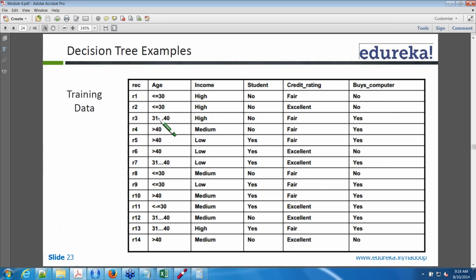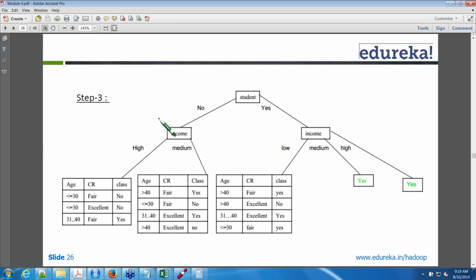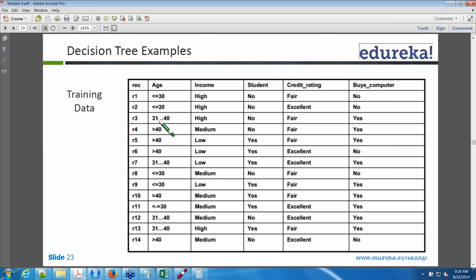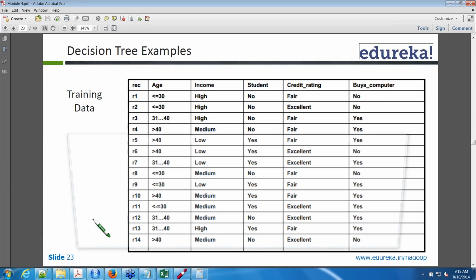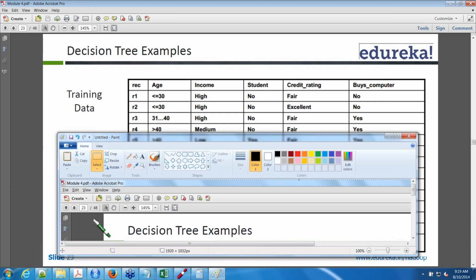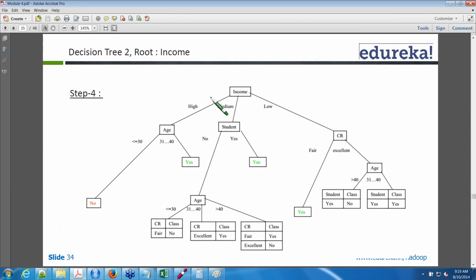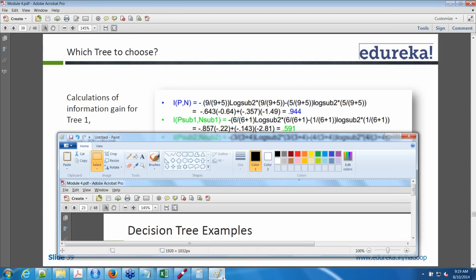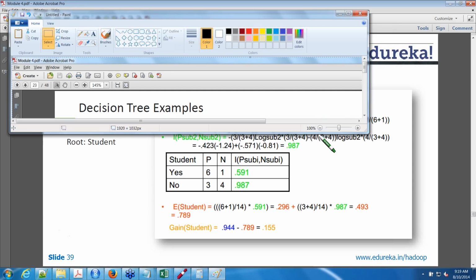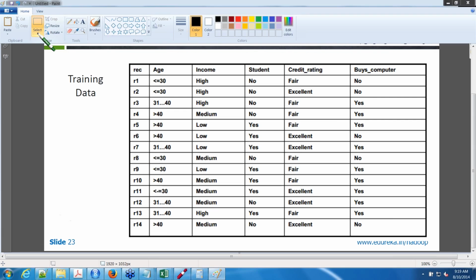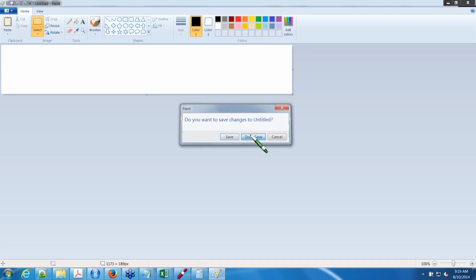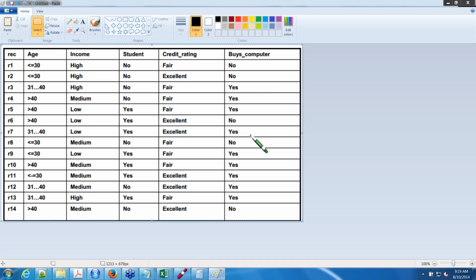What is the number of records? 14 records in total.